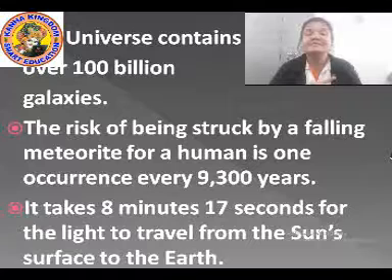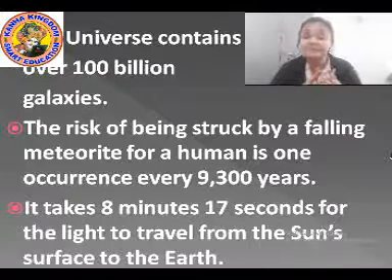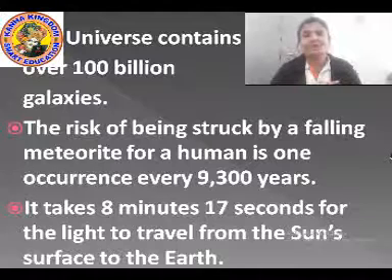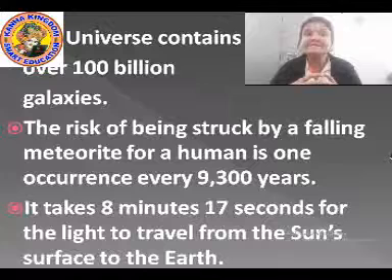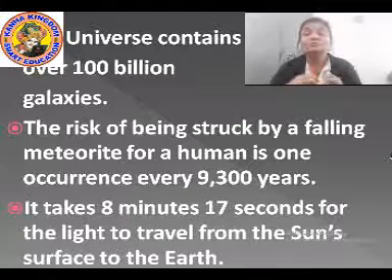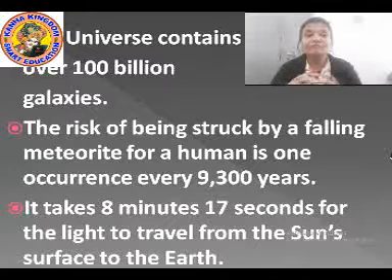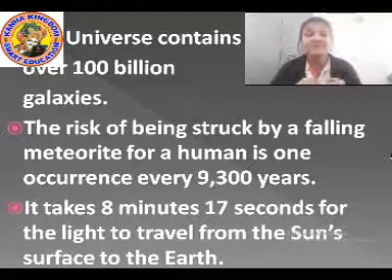It takes 8 minutes and 17 seconds. Or you can say it takes 8 minutes and 17 seconds for the light to travel from the sun's surface to the earth.